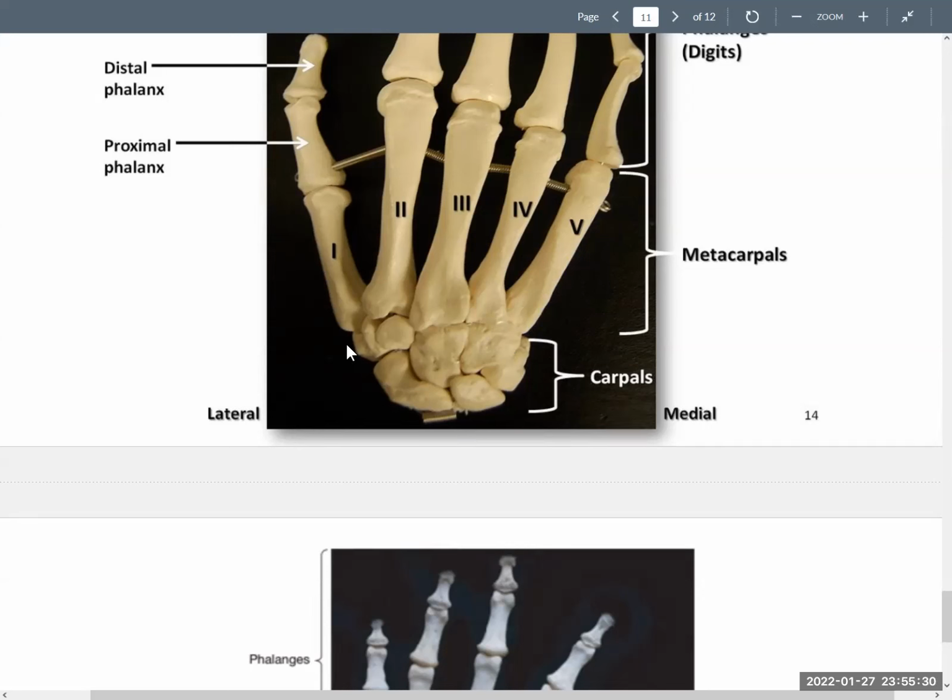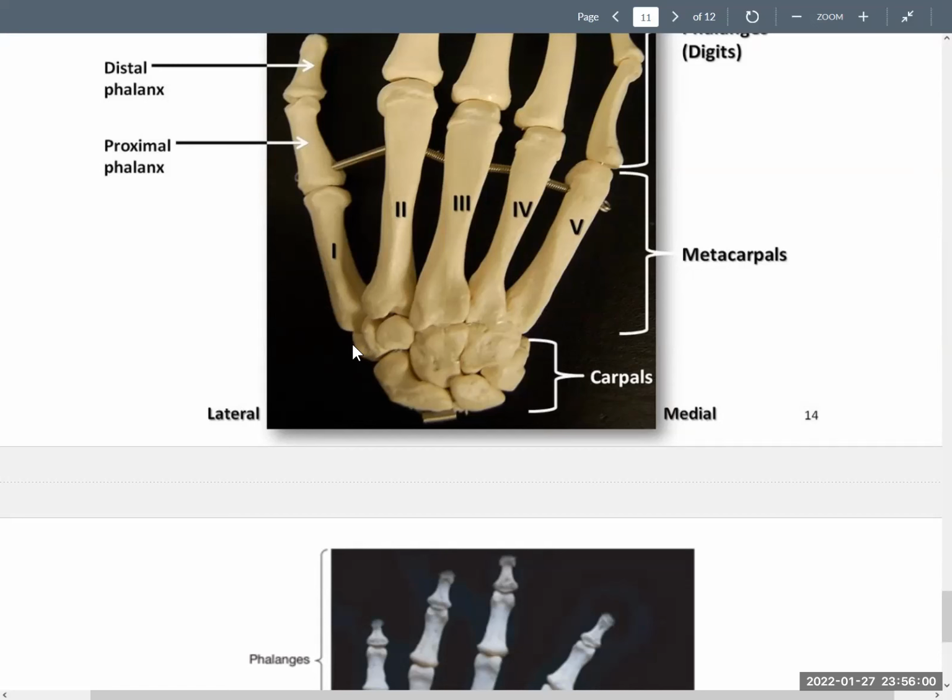How many bones did we just do? 4. We did the trapezium, trapezoid, capitate, and hamate. These 4 carpals are the only carpals that touch the metacarpals. The remaining 4 that we're going to do do not touch the metacarpals, which separates them.